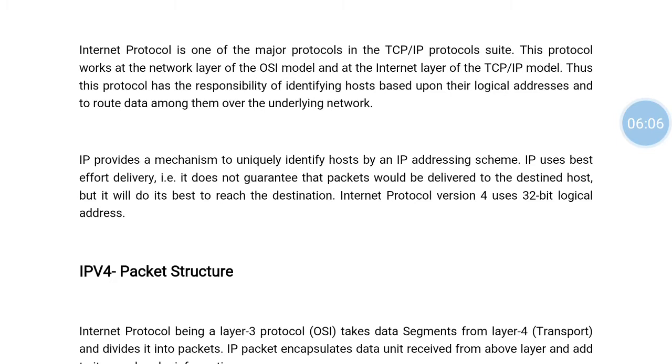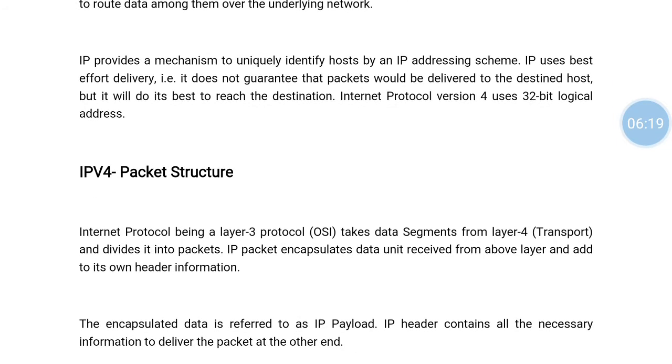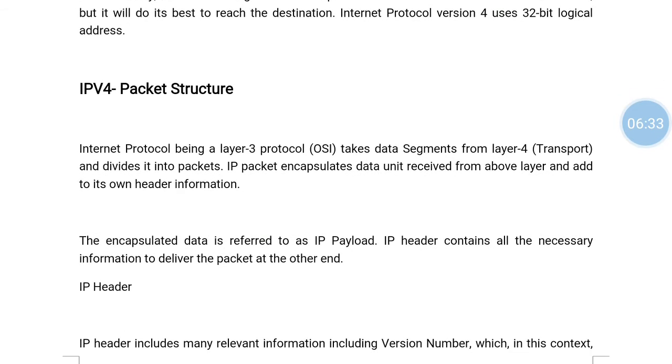Now, what is the packet structure of IPv4? A unit of data in a network is known as a packet. IPv4 encapsulates the data unit received from the above layer and adds its own header information.